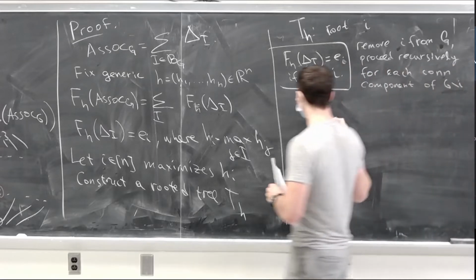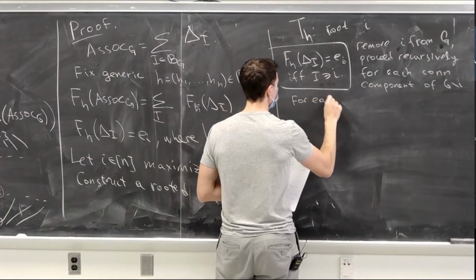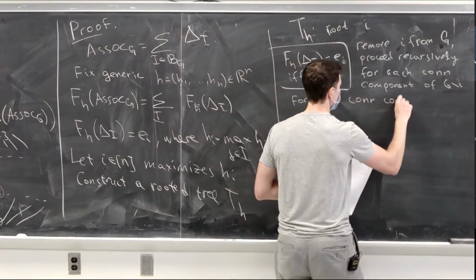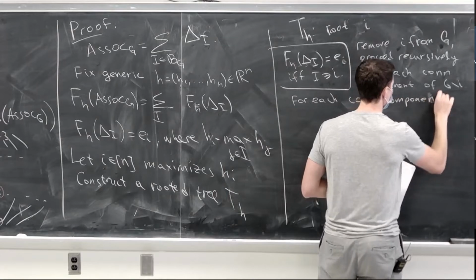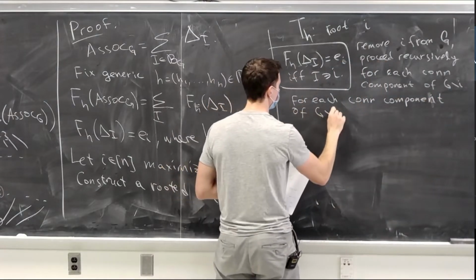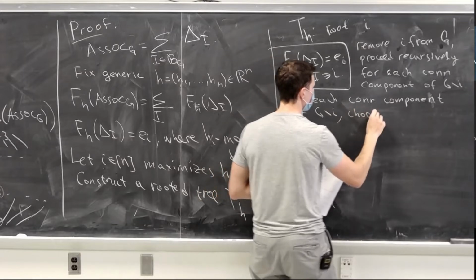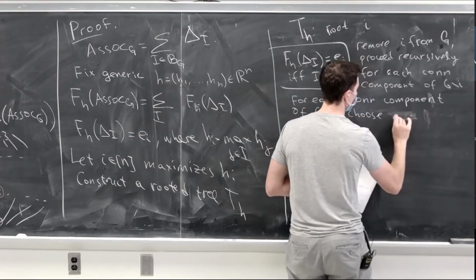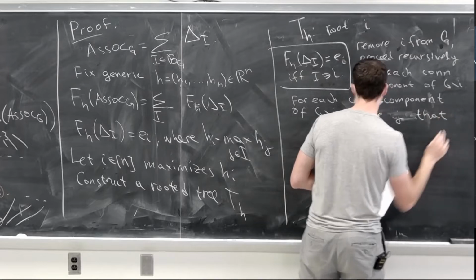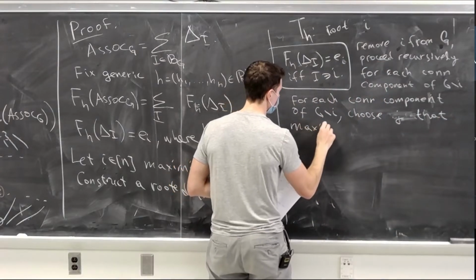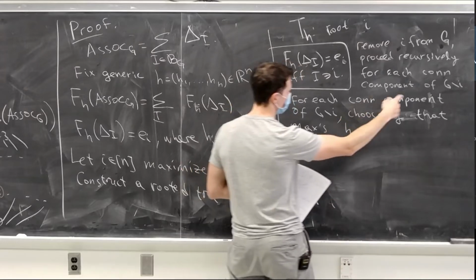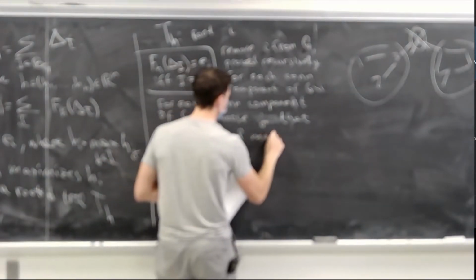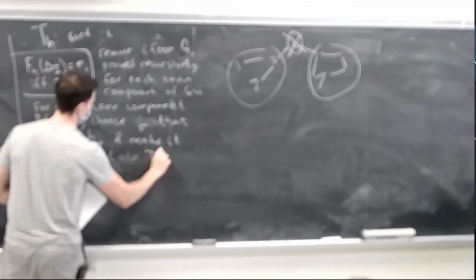So I guess the next step is that for each connected component of G minus i, choose j that maximizes h_j along that connected component and make it a child of i in T_h.